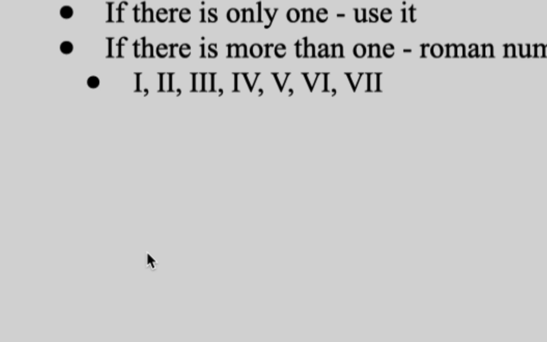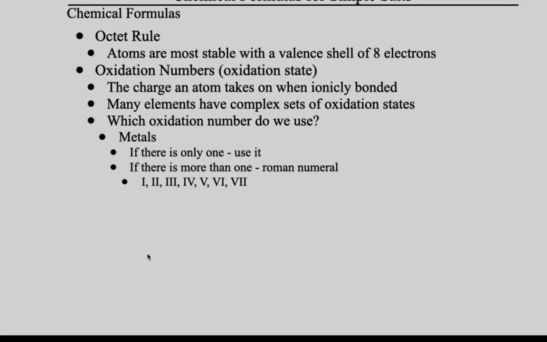Is that okay? You guys good on Roman numerals? Okay, so here's what we've established. In order to know the charges, the oxidation numbers, if it's a metal, if there's one, use it. If there's more than one, then we're going to use a Roman numeral to indicate what it is. Then guys, if it's a non-metal, we're going to use the negative charge. You're going, wait a minute, I look at chlorine and most of the charges are positive.